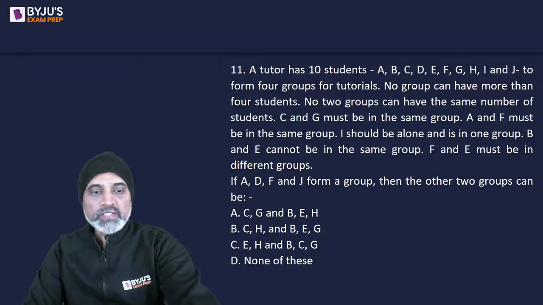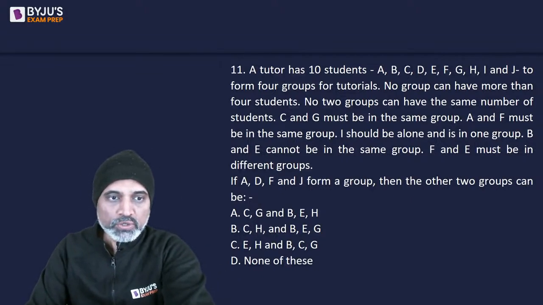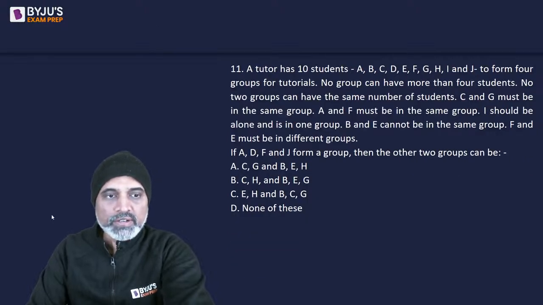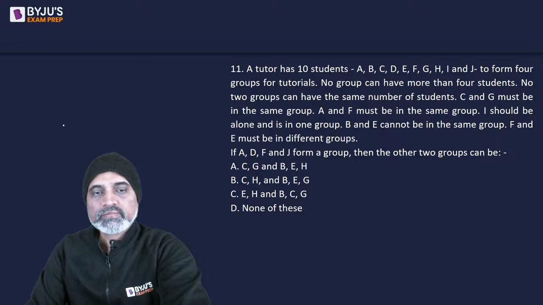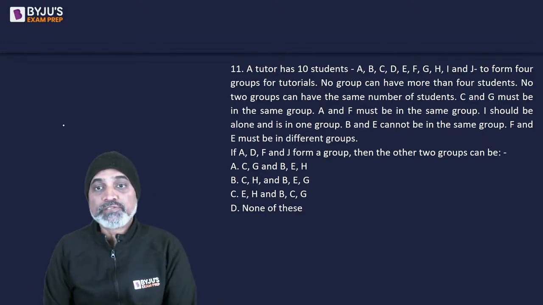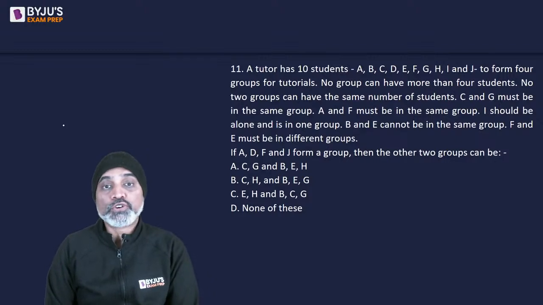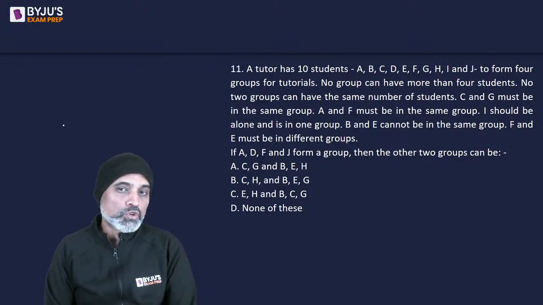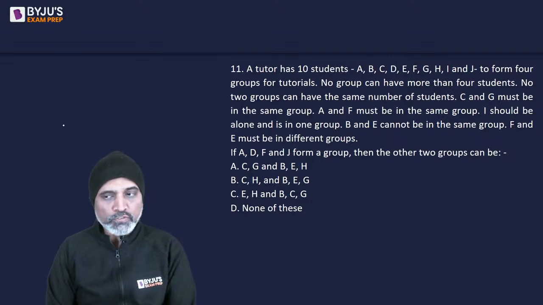Okay, next one. I will need space, so I am going to shrink it. A tutor has 10 students, A, B, C, D, E, F, G, H, I, and J, to form 4 groups for tutorials. No group can have more than 4 students. So 4 is the max allowed, right?